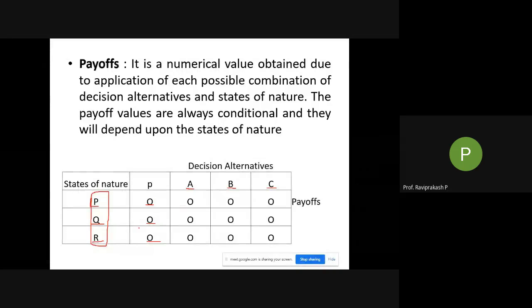Even if it is sunny and I take my bike, it will cost the same, so the payoff will be the same. In the example you'll get to know that different payoffs could be there for different states of nature and for different decision alternatives. I am just giving you an example so you can understand what these are.